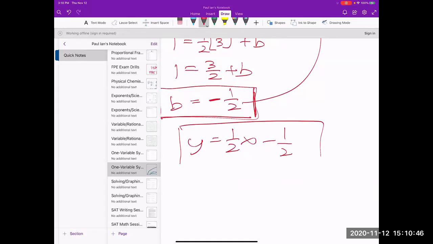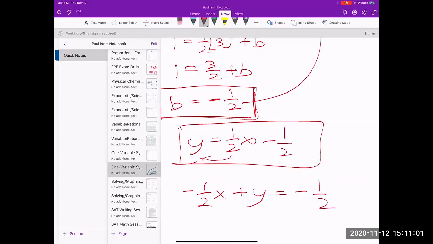And then how do you turn this into the standard form? Minus 1/2 x plus y equals negative 1/2. And then what do you do now?